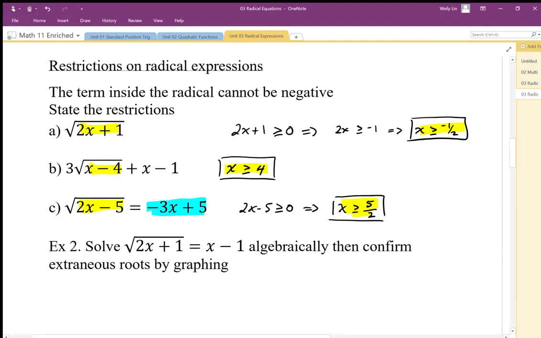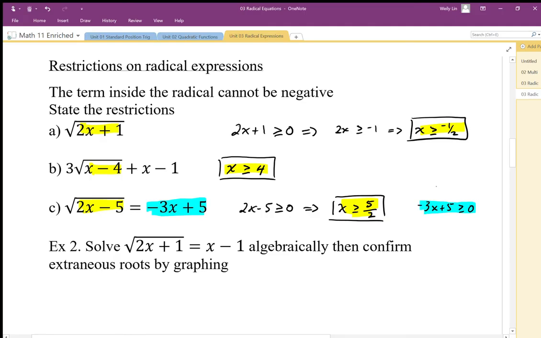Okay, so I'm going to say that negative 3x plus 5 must also be greater than or equal to 0. We cannot have values of x that would make this smaller than 0, because then we're going to square root and get a negative. Not possible. So there's my outside restriction.